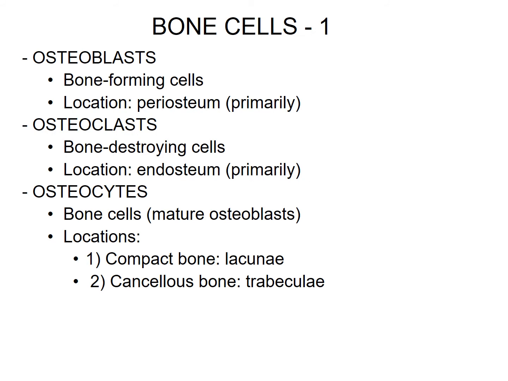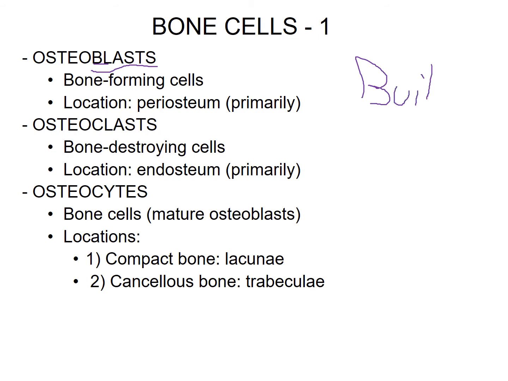So as I mentioned, these three types of cells should look familiar. We did cover them in Chapter 4, but let's go into a little bit more detail as we review them. So remember, osteoblasts, we said B for blast, and we said B for build, right? So we are building tissue. We said osteoclasts do the exact opposite of building.